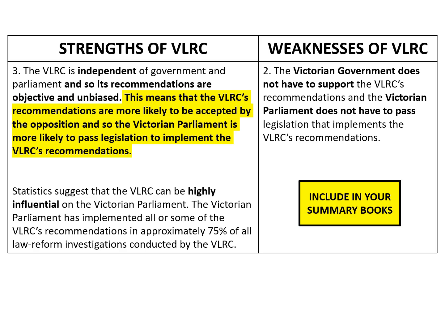The significant influence that the VLRC has in law reform is shown by the fact that the Victorian Parliament has passed legislation to implement all or some of the VLRC's recommendations on law reform in approximately 75% of all law reform investigations conducted by the VLRC.